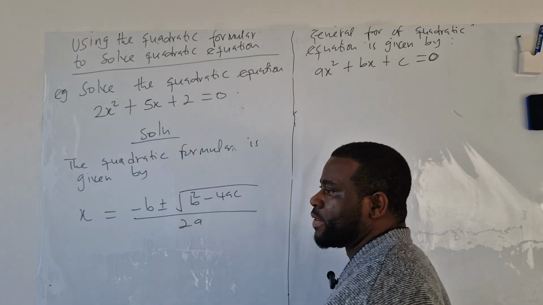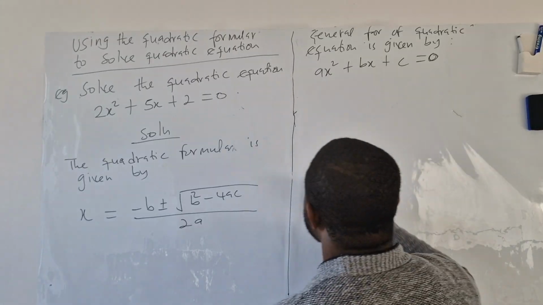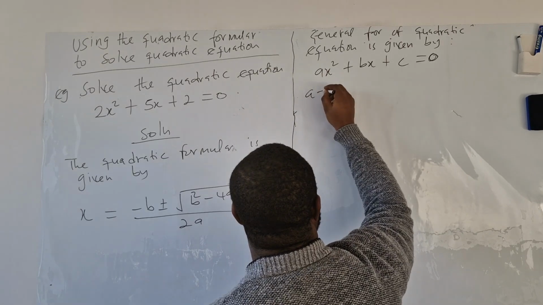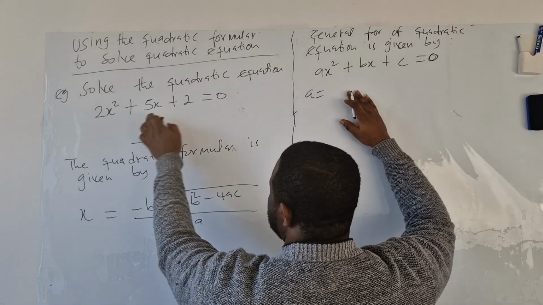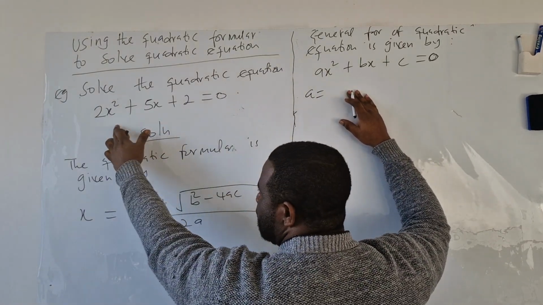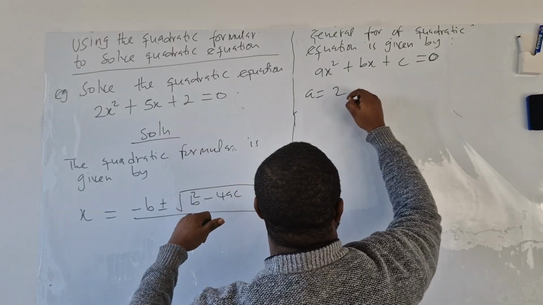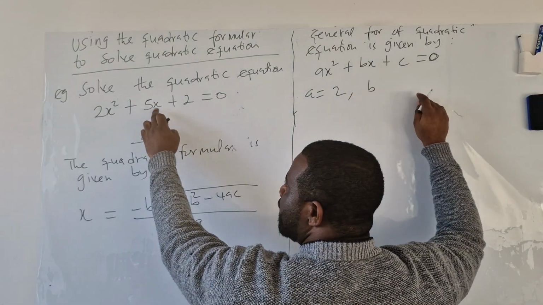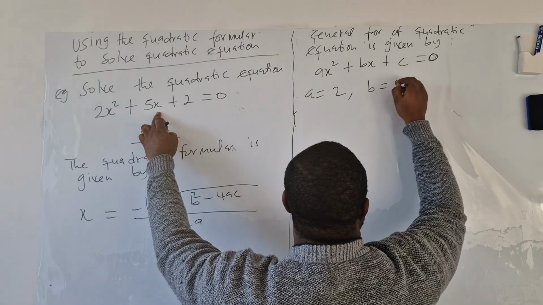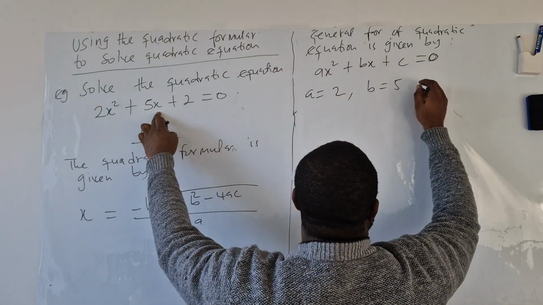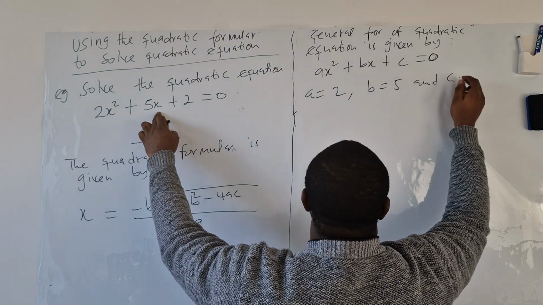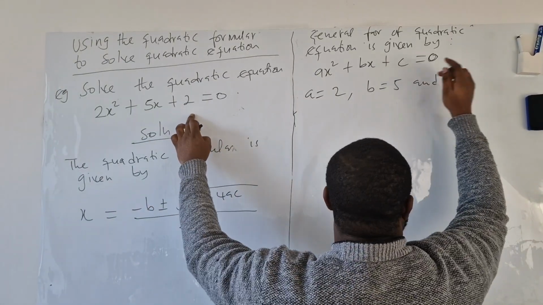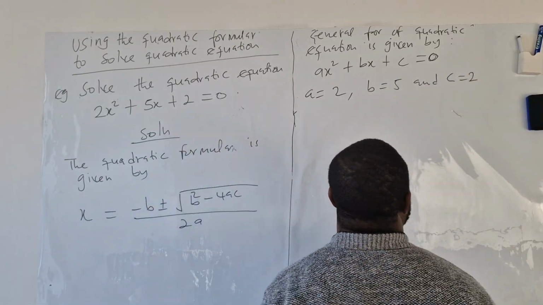So comparing, a, the coefficient of x squared, is 2. Then b, the coefficient of x, is 5. Then c is the constant number, the number not attached to x, and that number is 2.